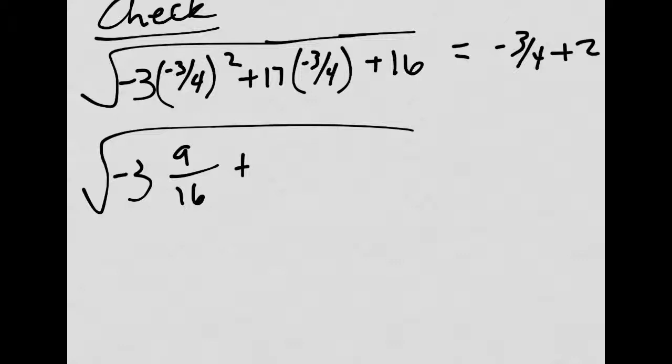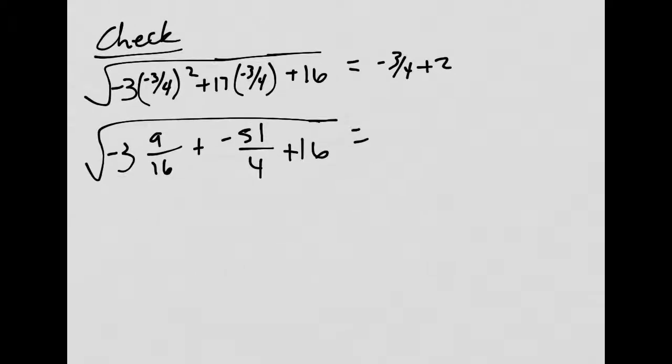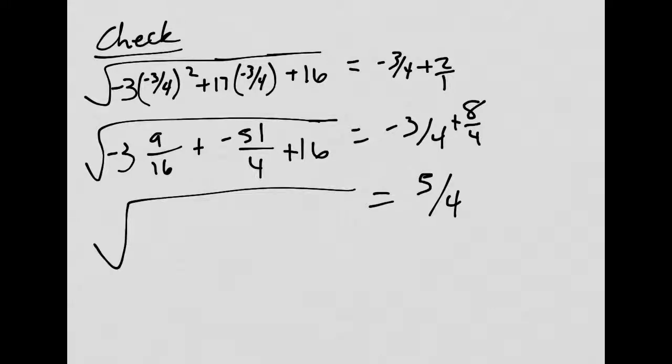Plus 17 times 3 is negative 51 over 4 plus 16 equals, I can go ahead and add these. I can change the negative 3 over 4 to an 8 over 4 and add those, so that gives me 5 over 4 is equal to, I gotta find the common denominator for all of this. I can go ahead and multiply. That's negative 27 over 16 plus negative 51 over 4 plus 16.